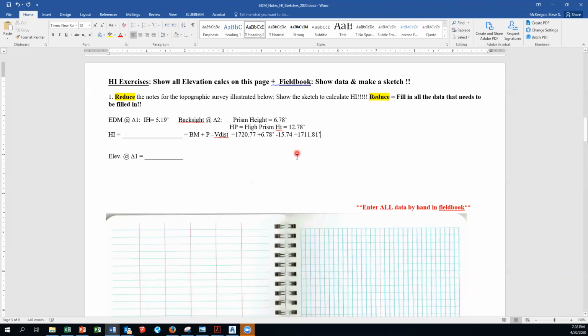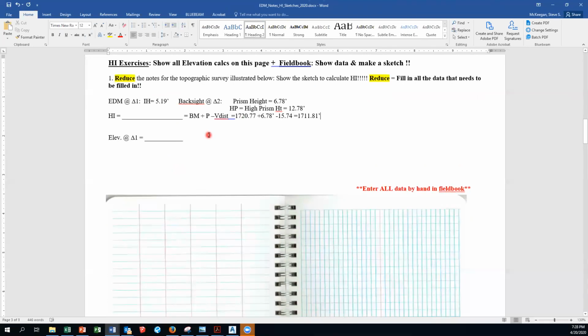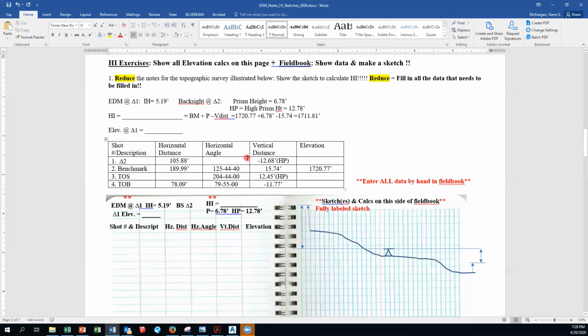So that's the elevation. That's this elevation right here.